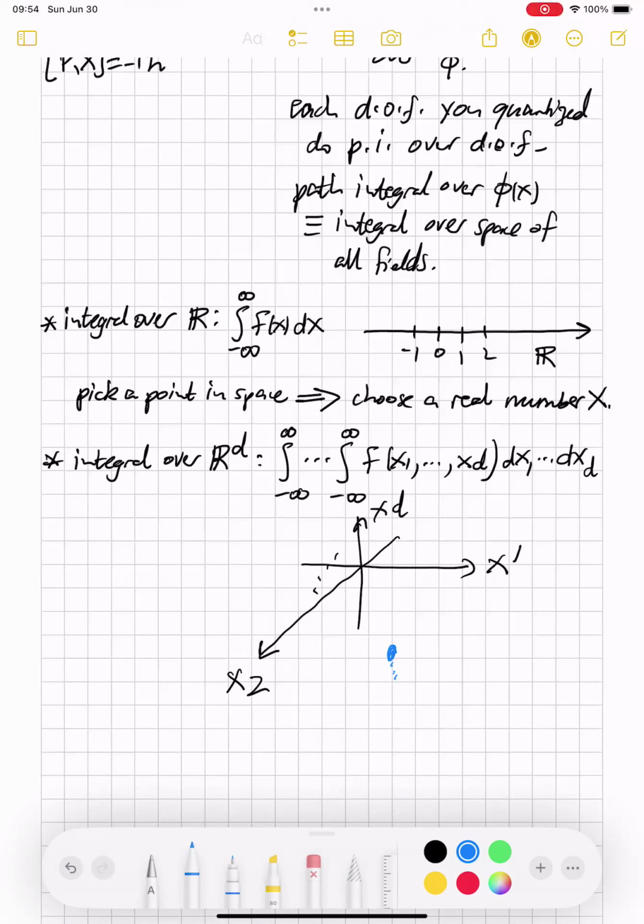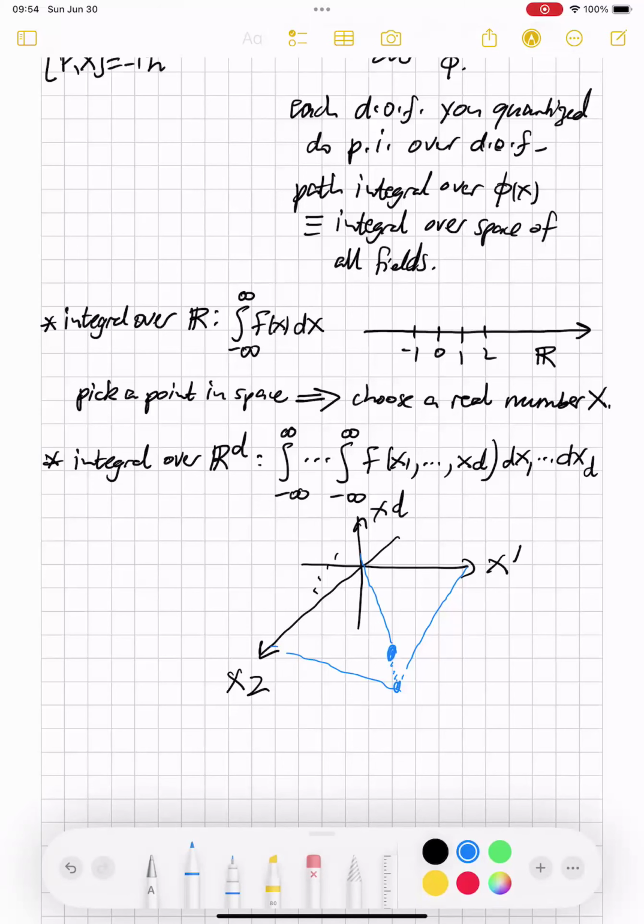So we would project it down to the plane. Apologies for my art. We would project here to get a value of x1, here to get a value of x2, and maybe along here to get a value of xd. I'm really sorry that picture's so bad, but hopefully you've got the idea. So you've got a point in this d-dimensional space, and then you project onto the different axes. That gives you a set of d real numbers.